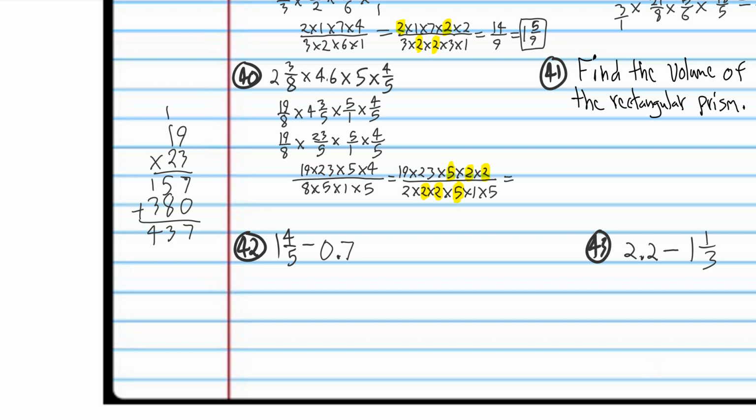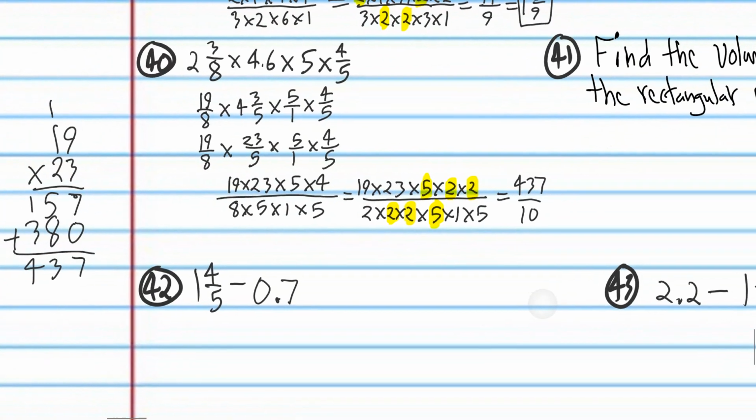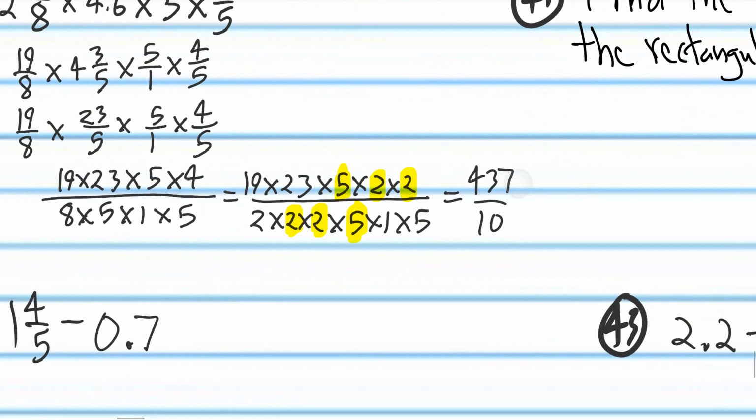All right, so on the top we have 437. And on the bottom it's 2 times 5 times 1, which is 10. So we have a huge improper fraction here. So we have to use the algorithm where we take the numerator, divide by the denominator. Remember, this fraction sign can also be interpreted as division.